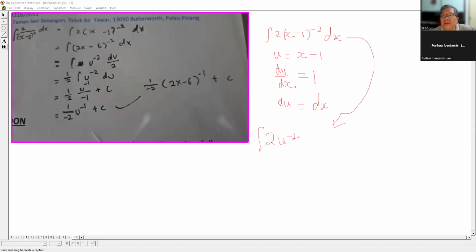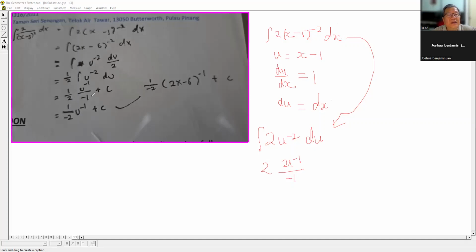Then here the x, I cannot put back the x here because I cannot integrate u with respect to x. So I have to change this dx. I look here, oh, dx is actually du. So I put the du there. The 2 is a number, you don't integrate. So it becomes u to the power of -1 divided by -1.